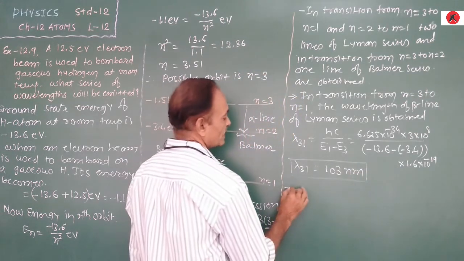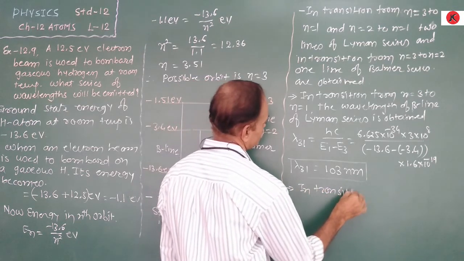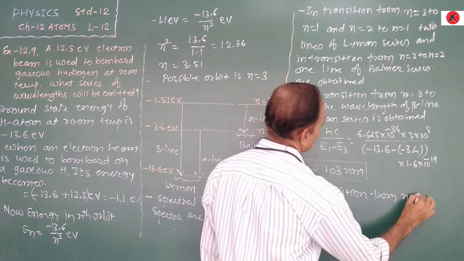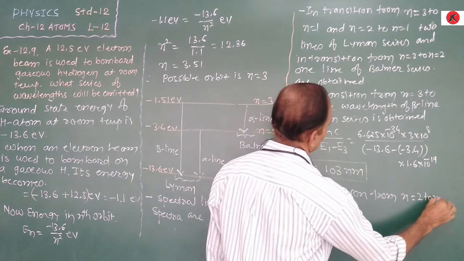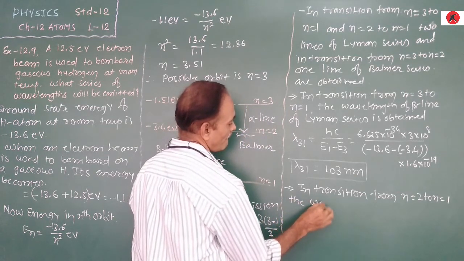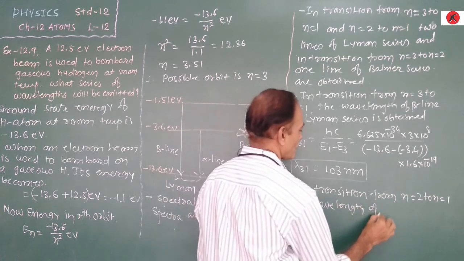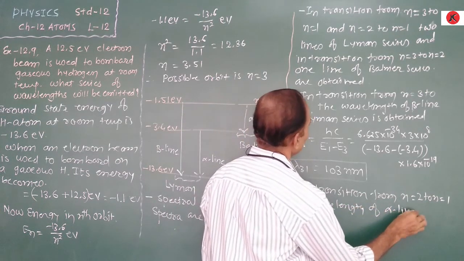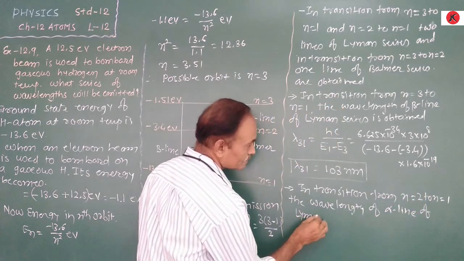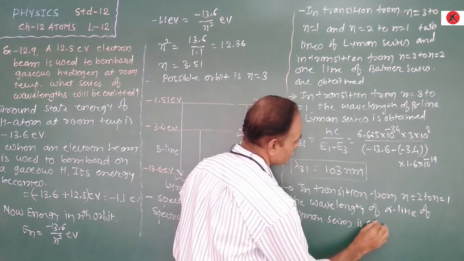Now, in transition from n equal to 2 to n equal to 1, the wavelength of the alpha line of the Lyman series is emitted.